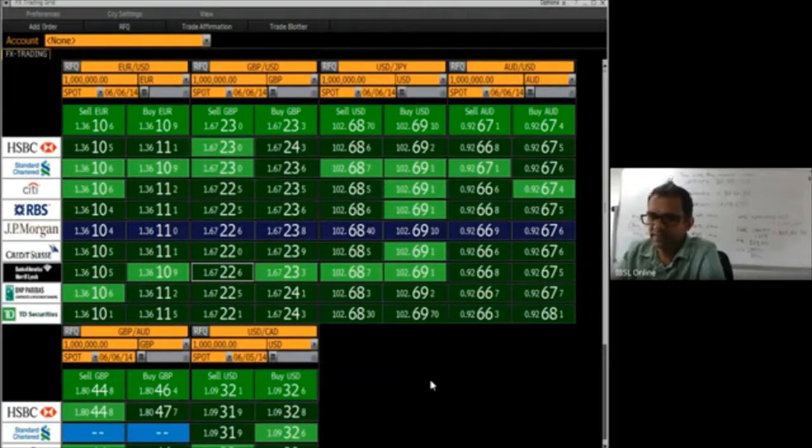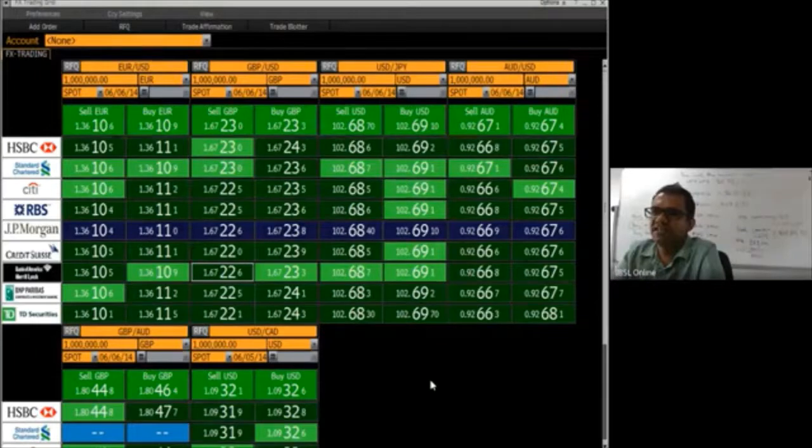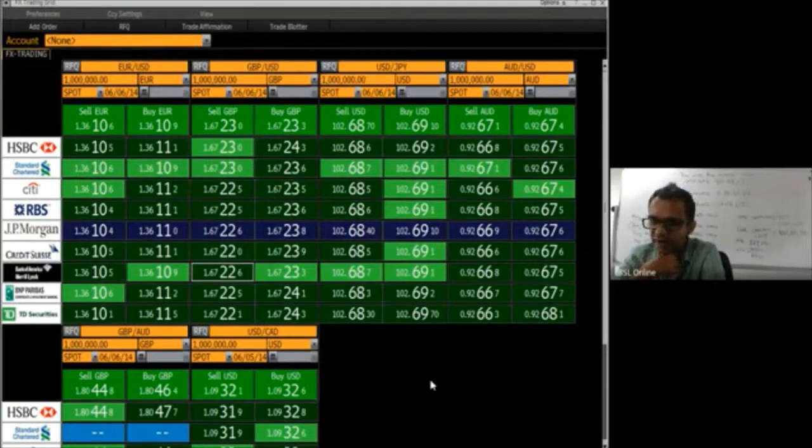The TD Securities price, 1.36109. Why? Because it is the lowest offer. You should buy at the lowest offer as a market taker. You pay less, so you should go for the lowest offer.